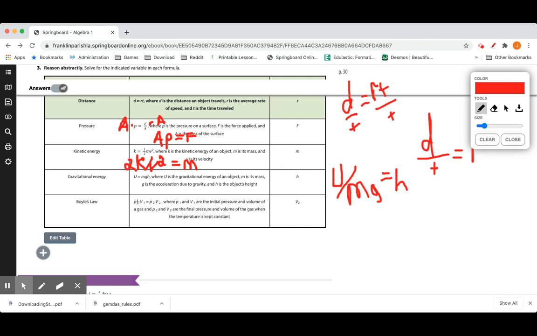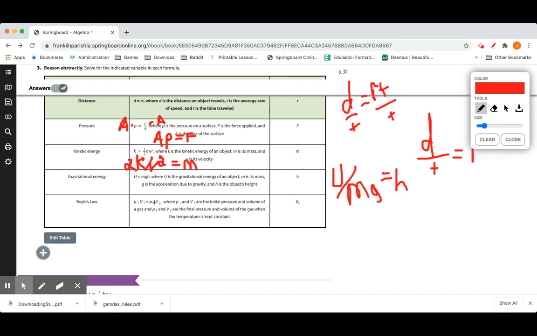In Boyle's law, the first pressure that you use times the first volume of the gas is equal to the second pressure times the second volume, or the final, if there's only two. When the temperature is kept constant, because temperature changes other things in gases, and we're looking for just V2.